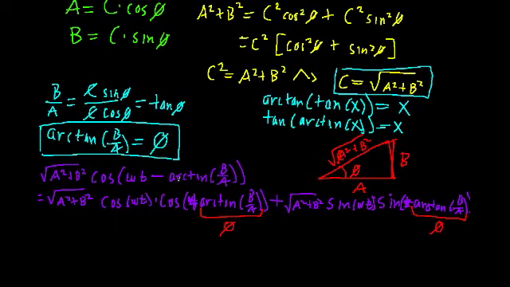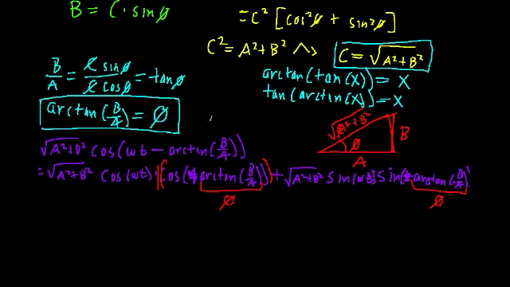So this means that this whole entire term here is just equal to the adjacent side a divided by the hypotenuse, square root of a squared plus b squared. So let's plug that in. So we get this mess is equal to, let's go back to purple, square root of a squared plus b squared cosine omega t.